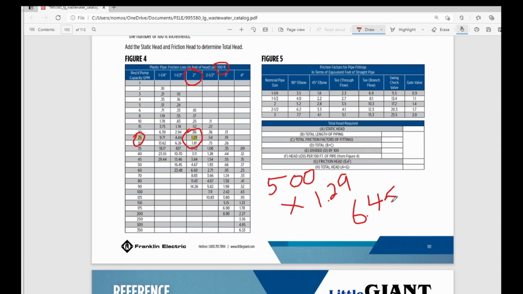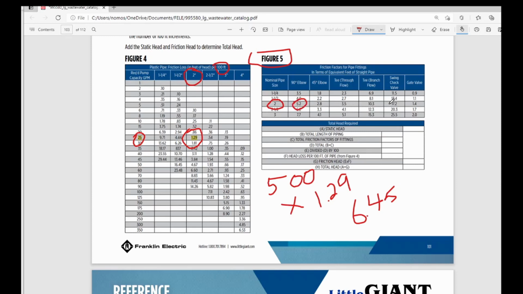I think I did. Remember I said I had an elbow? All right, where's my elbow? Figure 5. That is my 90-degree elbow that I left out. So I got 2 inch pipe, normal pipe size here. So I'm going to be in this row. I have a 90-degree elbow, and I also said I had a check valve, didn't I?